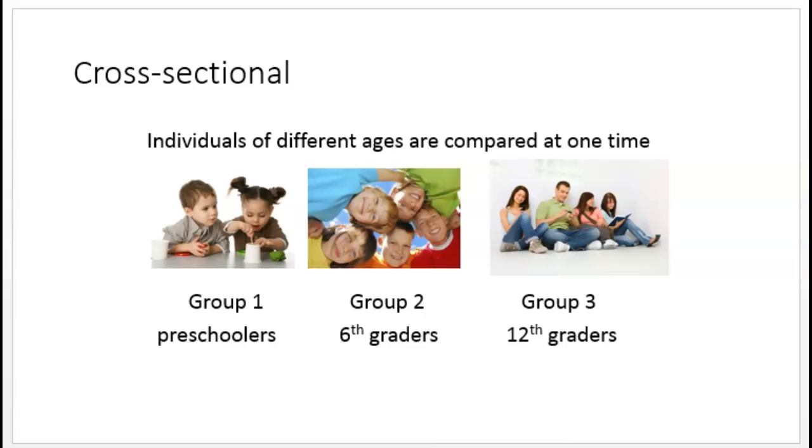So maybe one group of people had a very different educational experience. Maybe a certain educational policy law was passed that would have vastly improved or harmed their vocabulary and reading education. So who knows? So that's what you're kind of sacrificing there by using a cross-sectional approach.